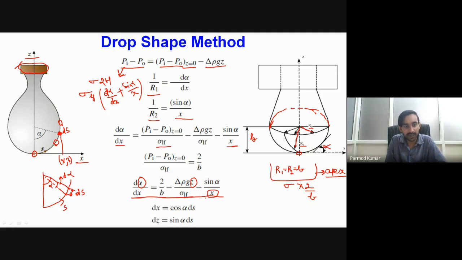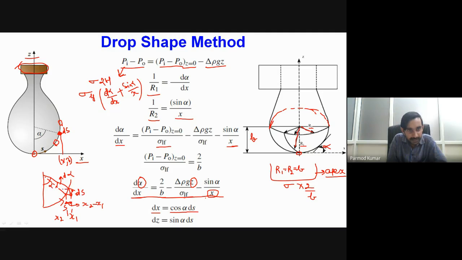Initially we had some value of x as x1, and then another value of x as x2, so the change of x is x2 minus x1, which represents dx.